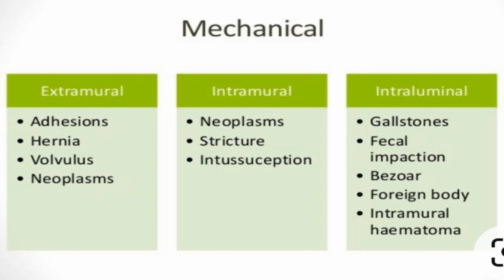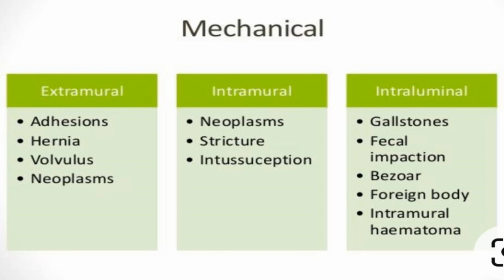And gallstones. When the gallstones enter the bowel, due to the fistulation between the gallbladder wall and the duodenum, it leads to fistula formation, and the gallstone, usually a single stone, passes from the gallbladder to the small bowel and can lead to the obstruction.